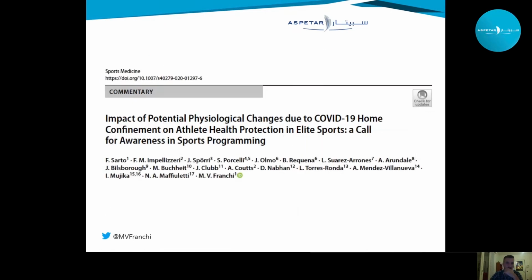So unfortunately, we are all experiencing a bad moment for humanity and the world itself, and we are all facing the COVID-19 outbreak. For example, I'm talking about Italy, but there are many countries that had to endure a home confinement, a lockdown period.